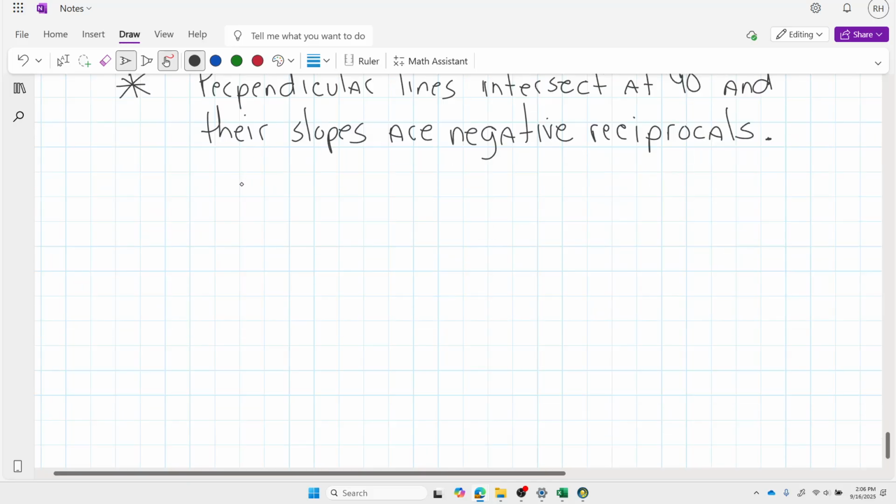So if we did a little column, if we had a number and then we had its negative reciprocal, if we have a 2, which is really 2 over 1, right? Its negative reciprocal would be negative 1/2.